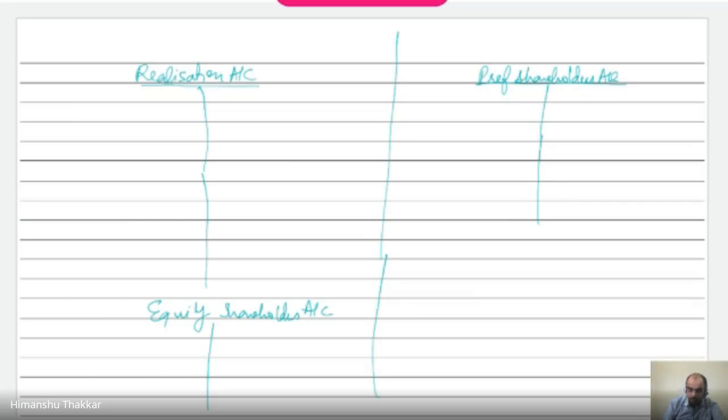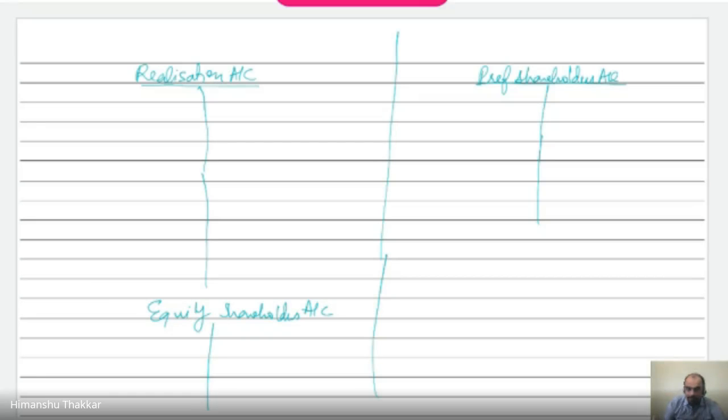So thereby they are going to make a profit. So by realization profit 1 lakh, close the account 6 lakh. To preference shareholders 1 lakh, right? This is what you have to do.